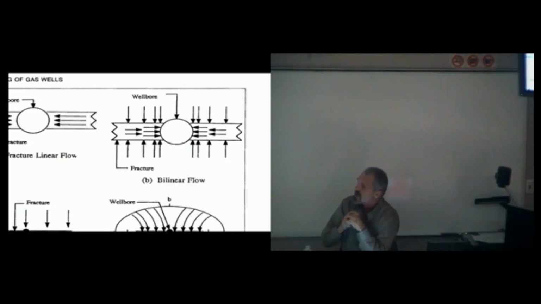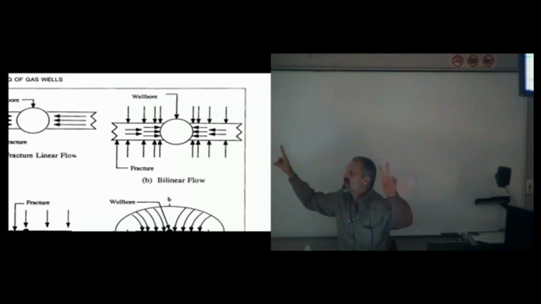You still have bilinear flow because most of the flow into your wellbore is right next to it along the fracture, and then it's being fed by the formation into that. It still takes time. It's seeing more and more of the fracture length as time goes on until, again, the fracture tips are felt.